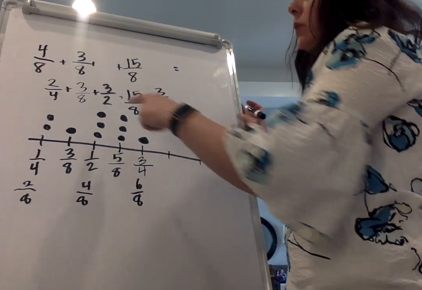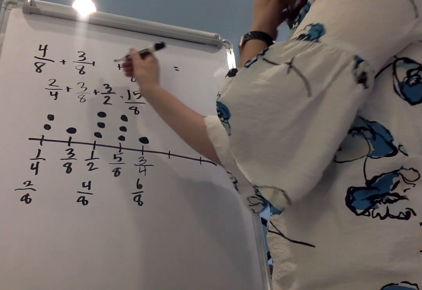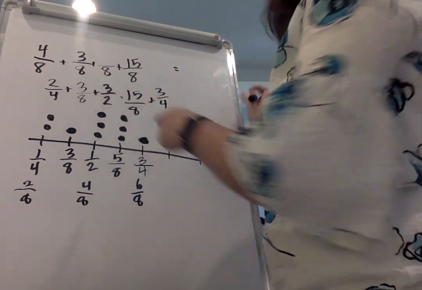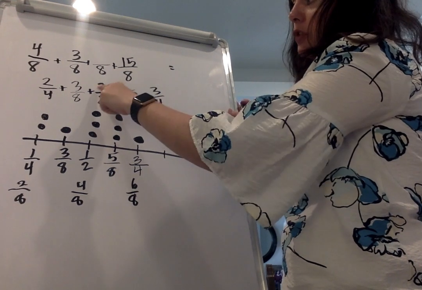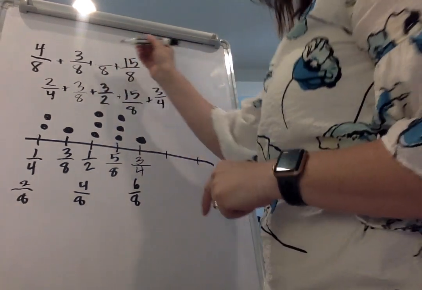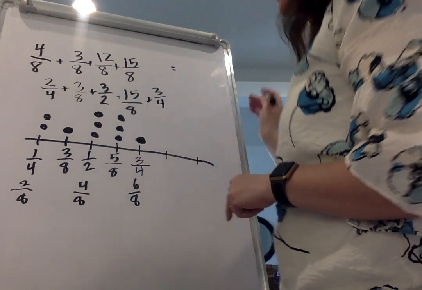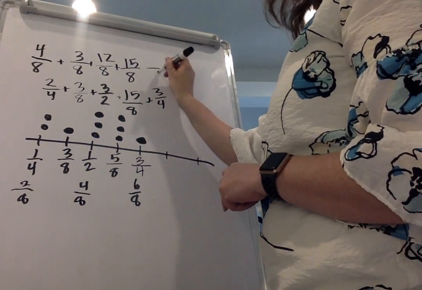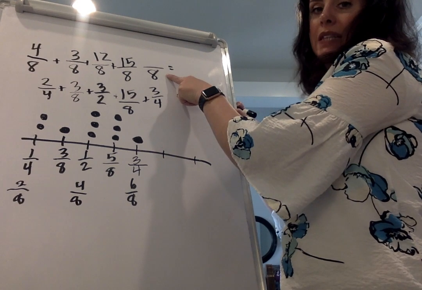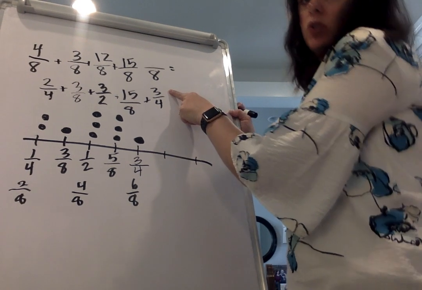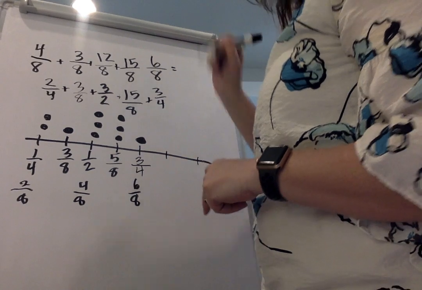All right, we've got to change this one to an 8. 2 times 4 is 8, so 3 times 4 is 12, okay? Last one over here, 4 times 2 is 8, so 3 times 2 is 6. There we go.